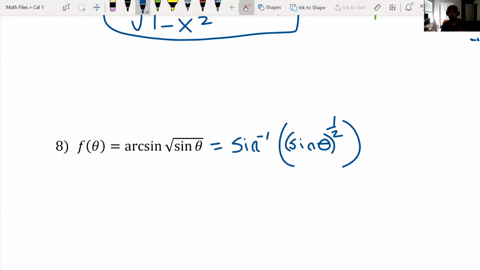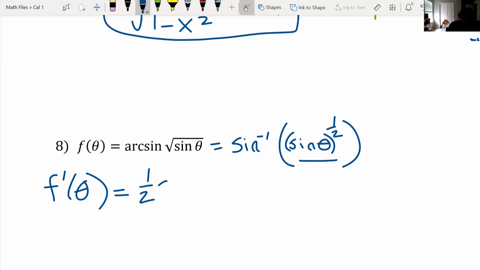Okay. So chain rule derivative using the inverse sine function. So this means that f prime theta is going to be the derivative of the inside function. So that's a chain within itself. So the derivative of sine theta to the 1/2 is 1/2 sine theta to the negative 1/2.